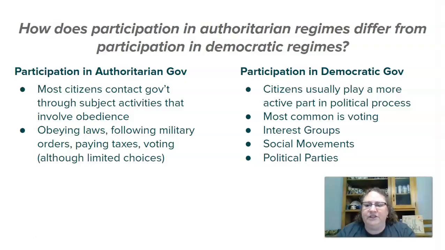So let's look at authoritarian versus democratic. So in an authoritarian regime, it may be more difficult to participate. And if you disagree with the party or group that is in control, you may get punished for your types of participation. So for example, in Russia, under the Constitution, you do actually have the right to protest, okay, the right to assembly, what we would say in the United States.